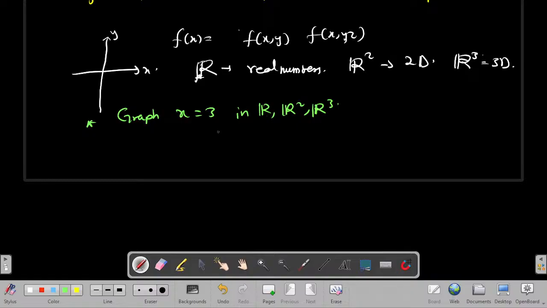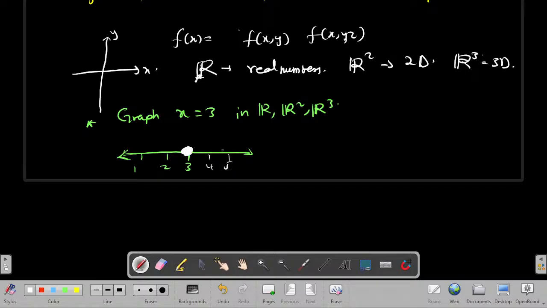In terms of the real number system, if I want to locate x is equal to 3, what do I do? On my R, you are only entitled to the simple number line because you are in only one dimension, that is in the set of real numbers. So I'll locate, let's say here is 1, here is 2, here is 3, right? So x equal to 3 is simply locating the point 3 on a real number line, okay?